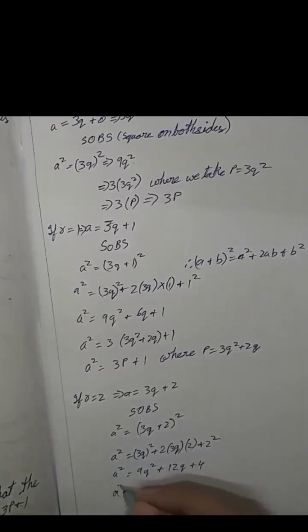Now we can write this as a square is equal to 9q square plus 12q plus 3 plus 1. Now we can take 3 common: 3 into 3q square plus 4q plus 1, plus 1.